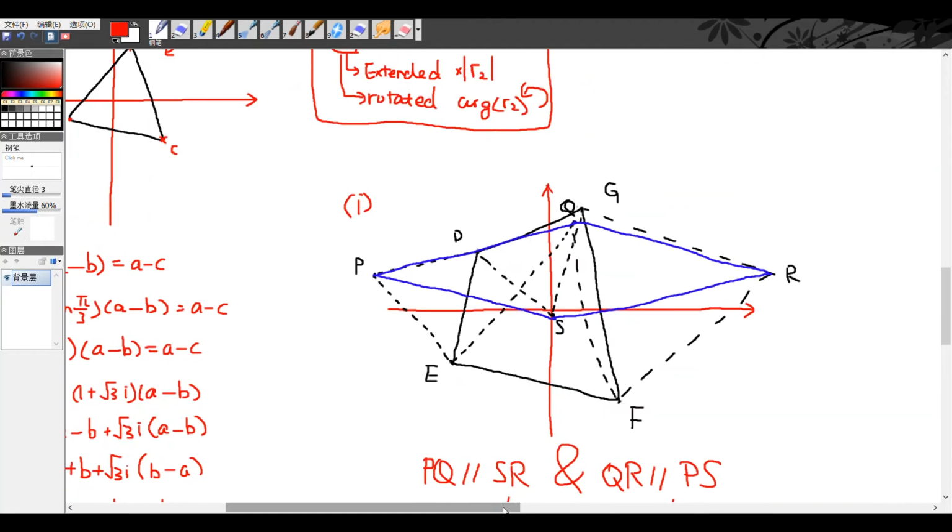We apply this to those equilateral triangles we have constructed.